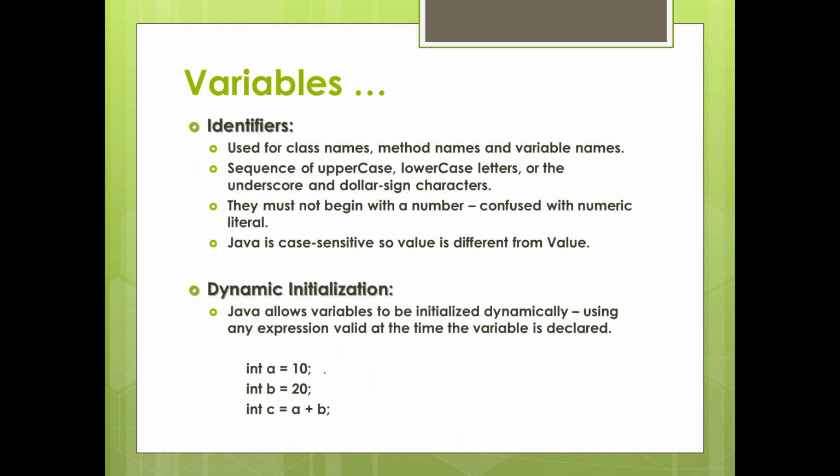Assume that initially I am passing 10 and 20 to A and B. The value will be 30, while calling that method.